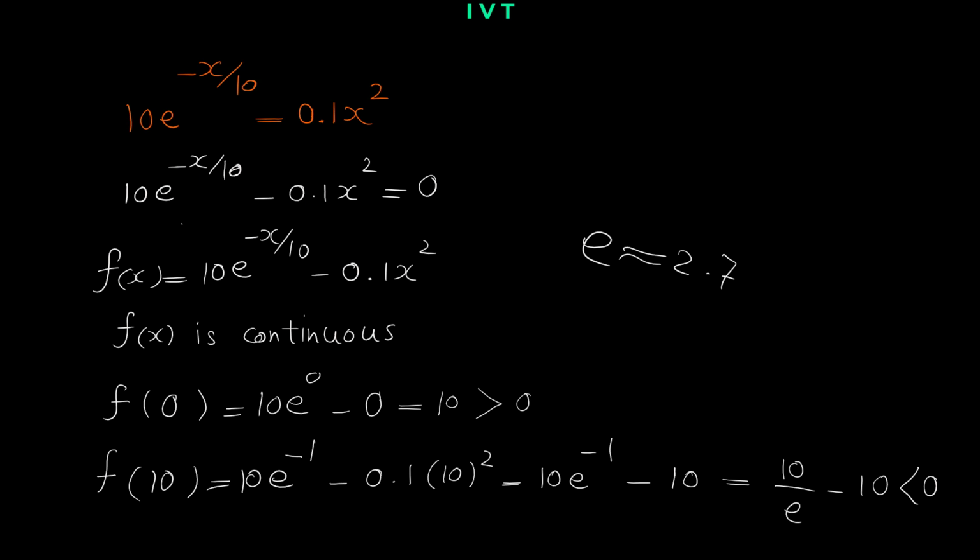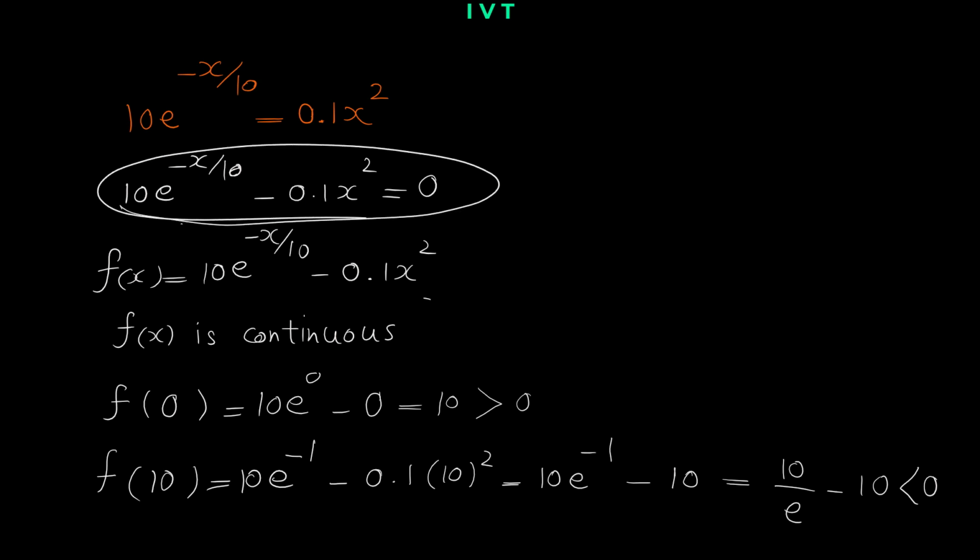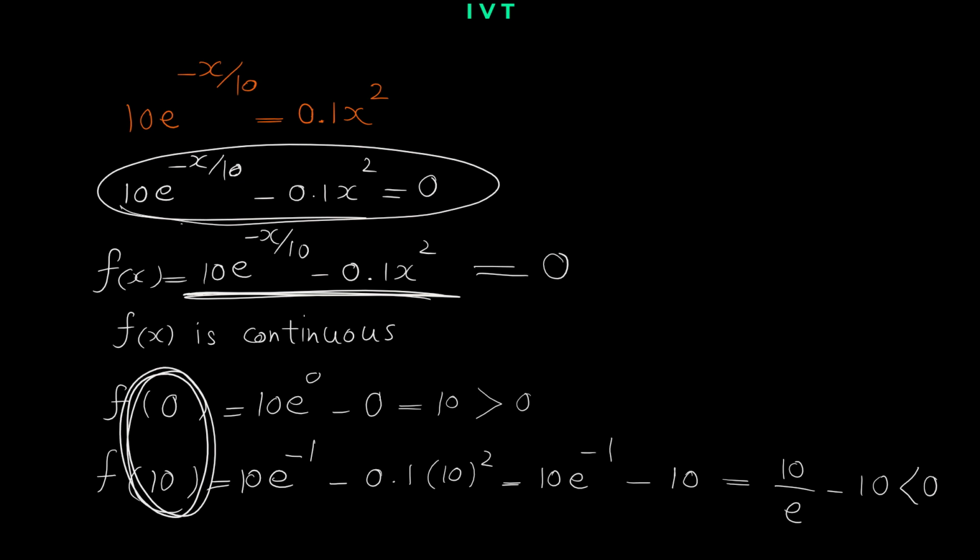So now we have two numbers where at one f is positive, at the other negative. So from IVT we can claim that this equation has a solution, or actually that f of x is equal to 0 somewhere between 0 and 10.